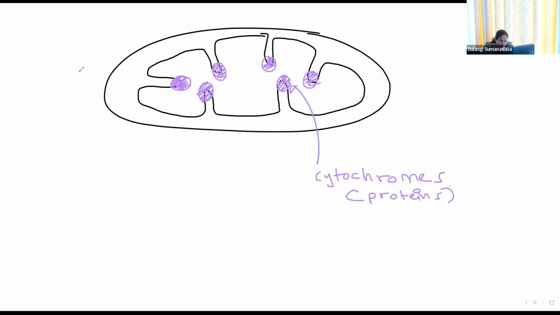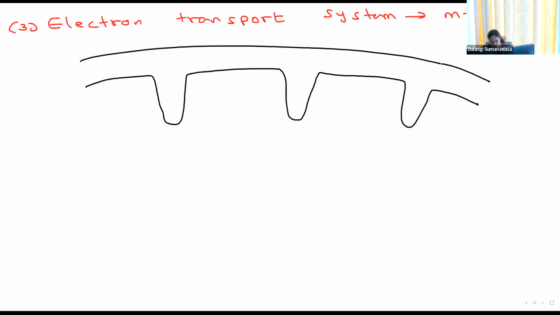Proteins can become denatured, and they can be inhibited by inhibitors, right? So highlight the cytochromes being proteins.